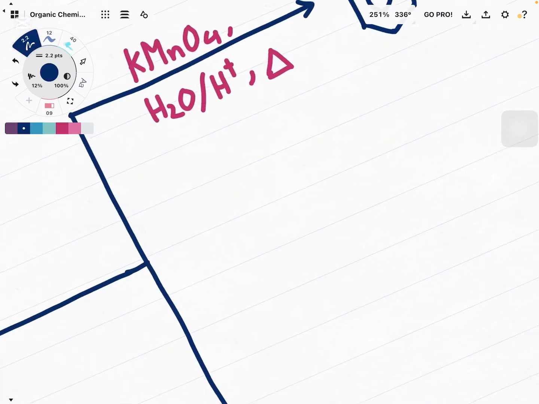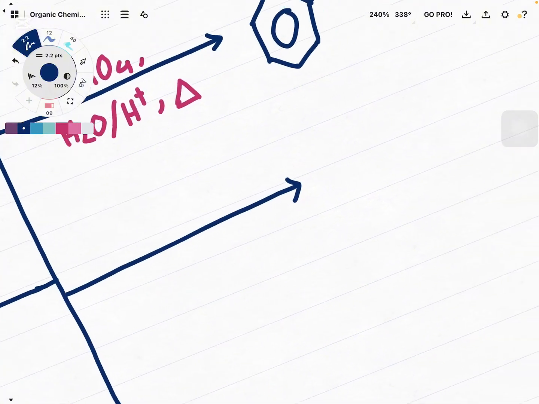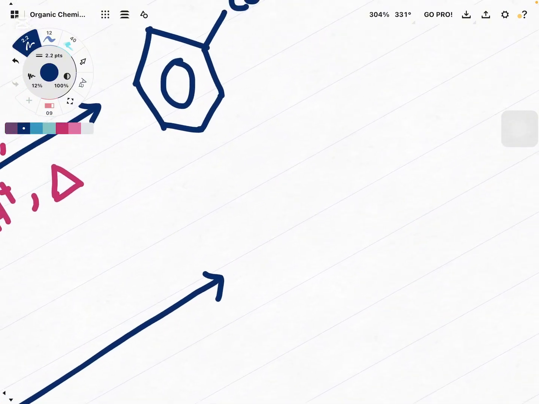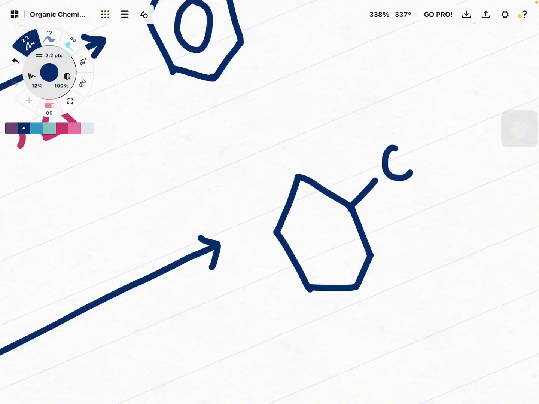The second reaction is the Etard reaction. So we will get benzaldehyde from the Etard reaction, which is CHO.